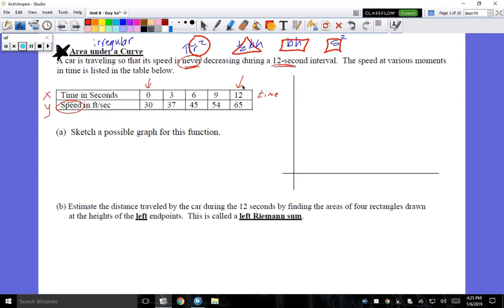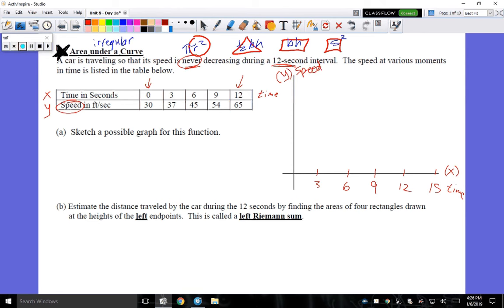So let's say we're going to do this by 3, 6, 9, 12, and 15. So we did by threes. This was my input variable x, which is talking about the time, and this is the y, which is talking about the speed. We're just labeling this based off of what we're seeing from this table.